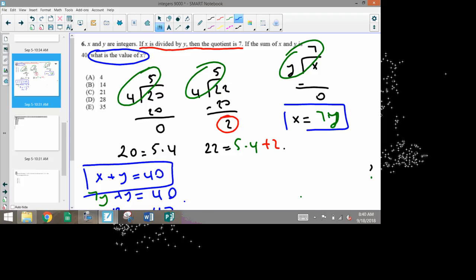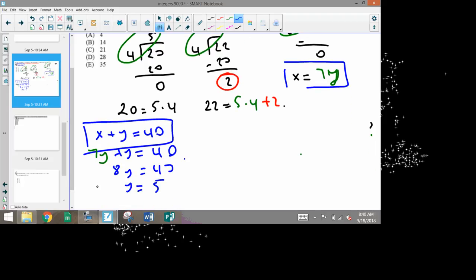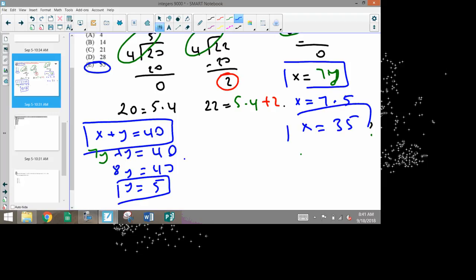The value of x. So if y is 5, look at this equation. What is x going to be? 35. Or check here, x is equal to 7 times y, y is 5. Is that clear?